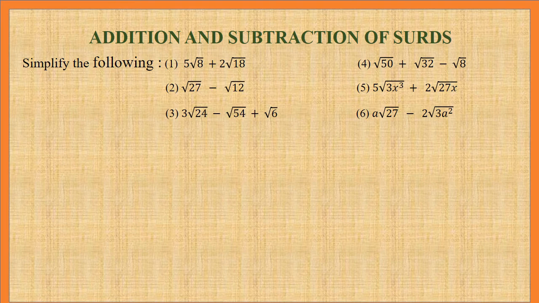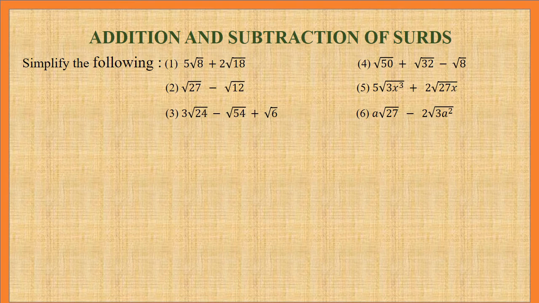First of all, for addition and subtraction of surds, in order to add or subtract, we looked at among the rules when manipulating surds that you have to first of all make sure the radicands are the same. If the radicands are not the same, we cannot add or subtract.